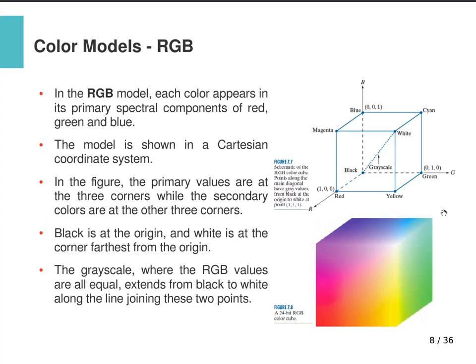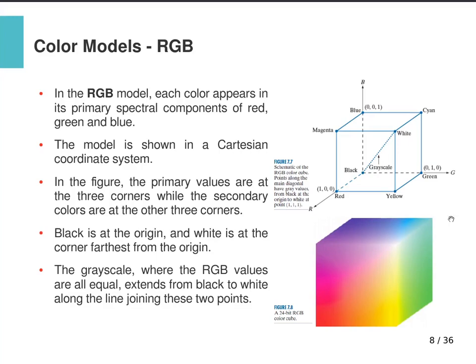So in this cube we have 8 different corners. Three of them are for the primary colors of light, and 3 corners are for the secondary colors. We need one corner to represent black, which is the origin, the location where the amounts of red, green, and blue are 0. Then we have white, in which red, green, and blue are at the maximum.